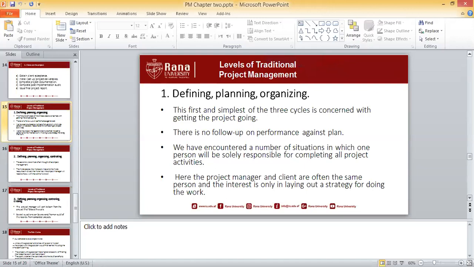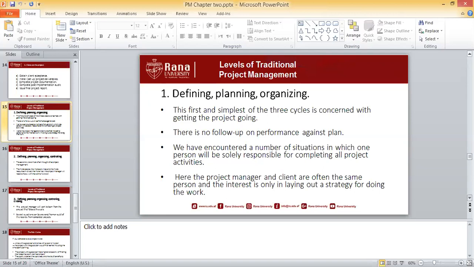In this level, the activities are very easy. There are no complications associated with these activities. These activities are simple in nature, and they do not have any fundamental problems, and they do not have any control functions.